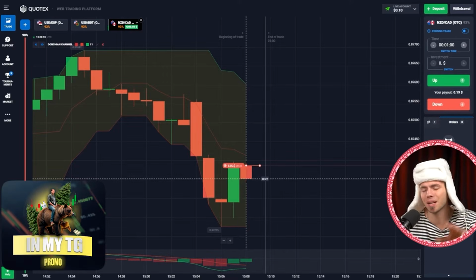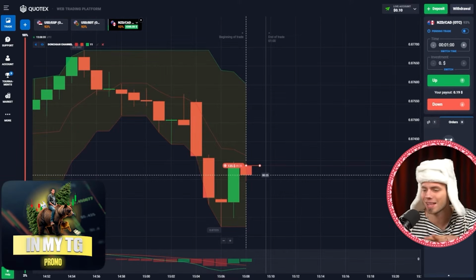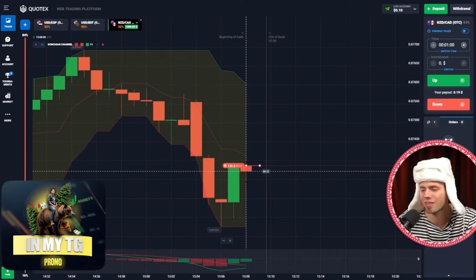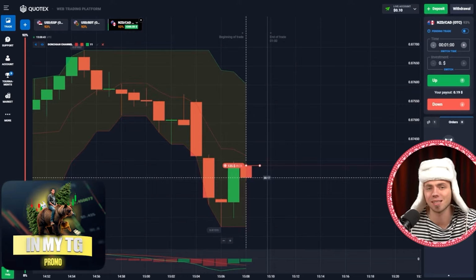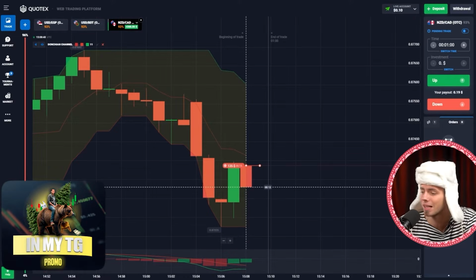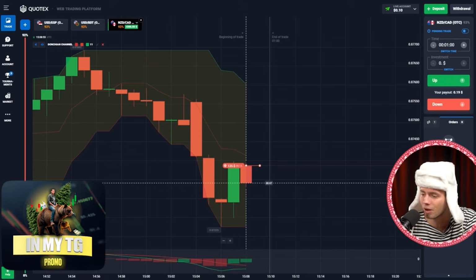As you can see, it's a pretty similar situation, because here we also have this middle line of the channel, which is a very strong resistance level for us at the moment, and we did not have enough power to break through it. That's why right now we will see the trend going down and the option going down. So yeah, that's basically what is happening right now over here.